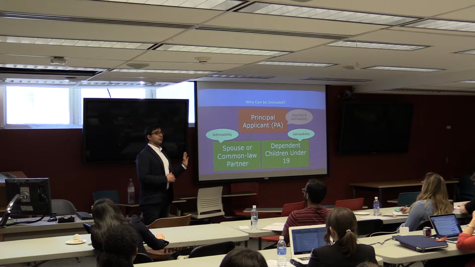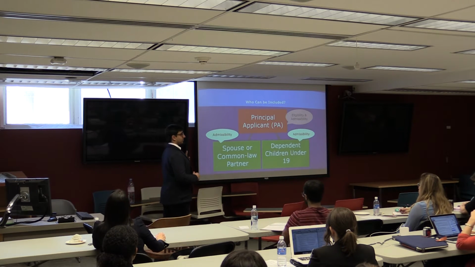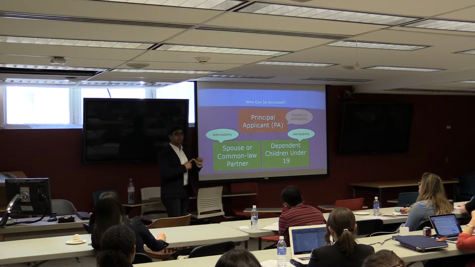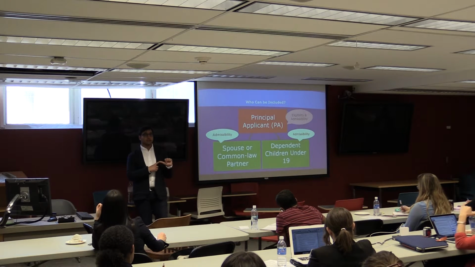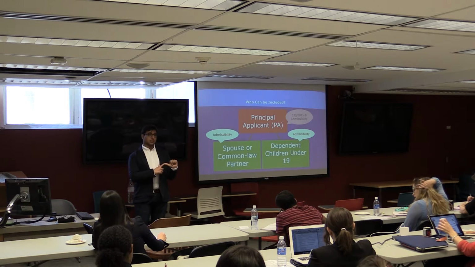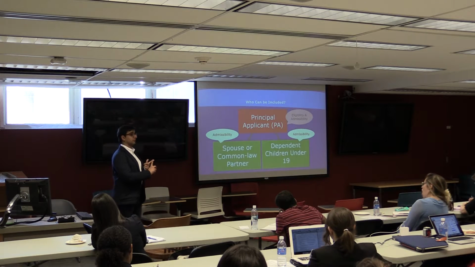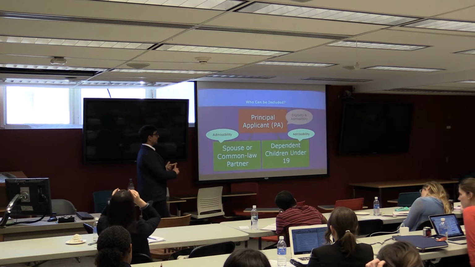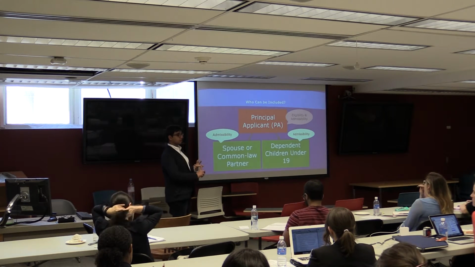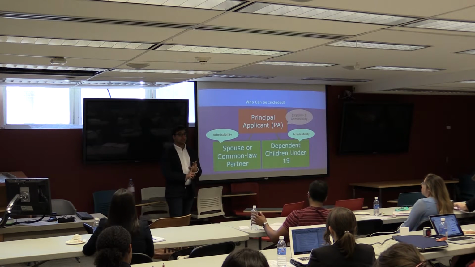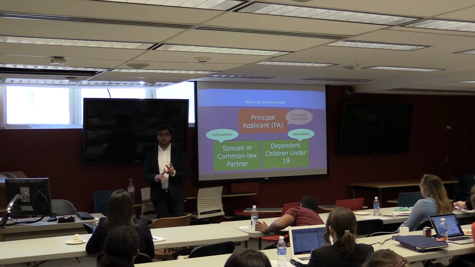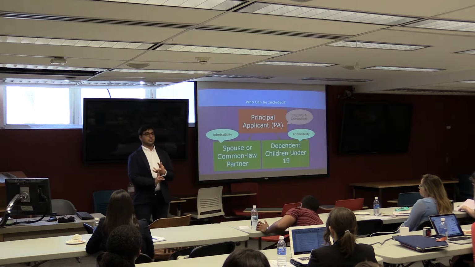For that family of 5, you have 3 separate applications. So the first application will cover the mother, father, and child under the age of 19. The second one will cover the first child over the age of 19. And the third application will cover the other child over the age of 19.